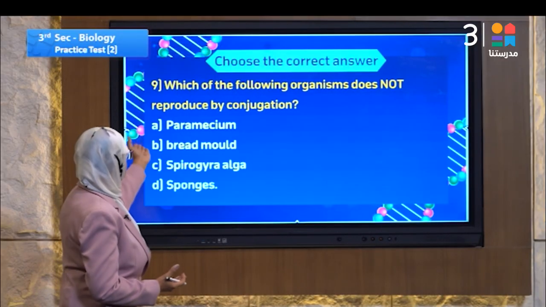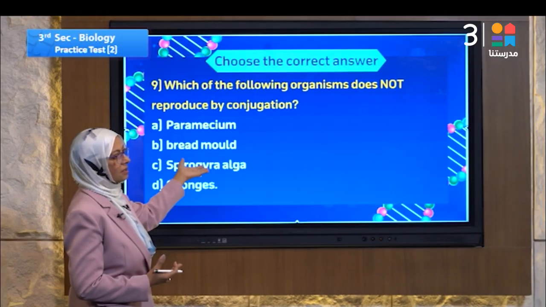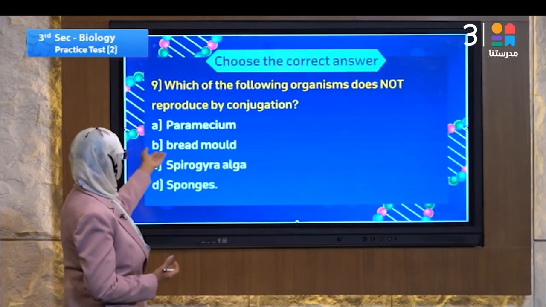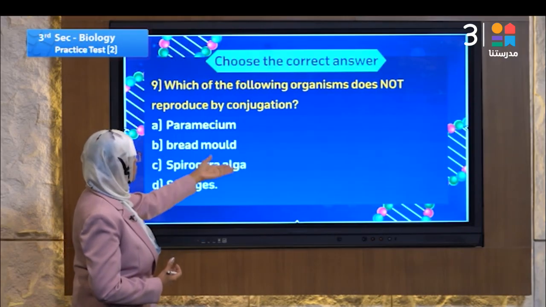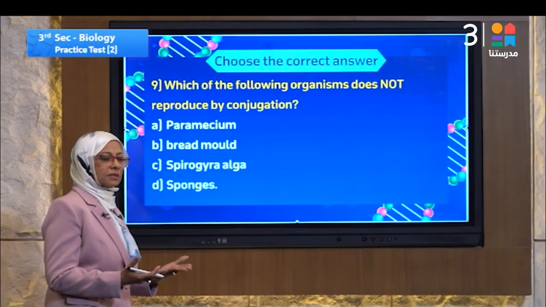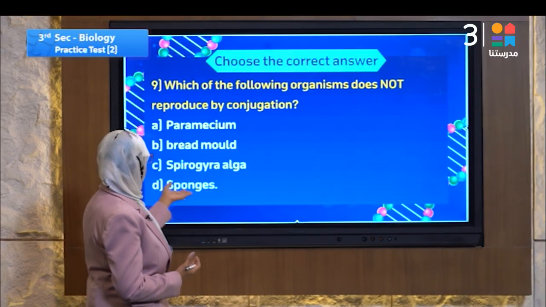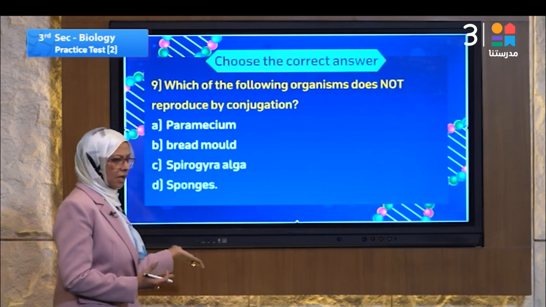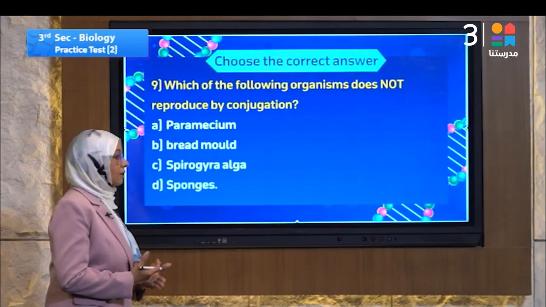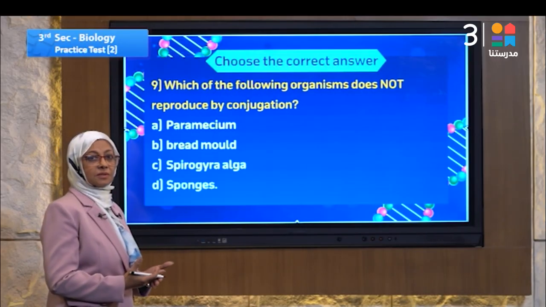Number A, paramecium. Paramecium is a unicellular organism that can reproduce asexually by conjugation. Let's read. Number B, bread mold. Bread mold can reproduce in many other ways, not conjugation only. Spirogyra algae. Sponges are not unicellular organisms, they are in the animal kingdom, which reproduce by budding.